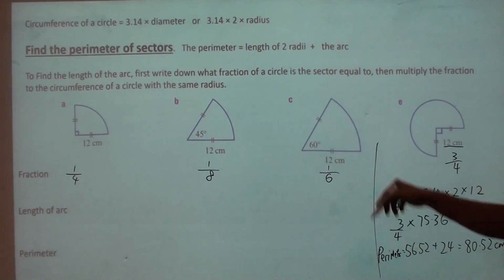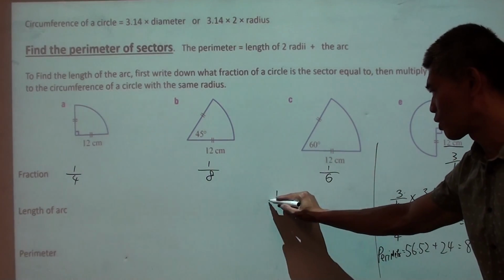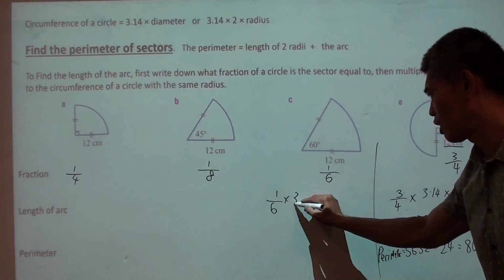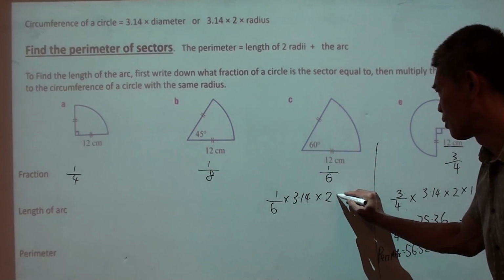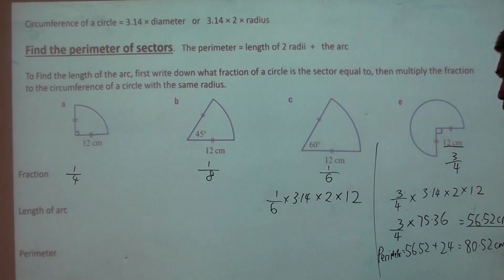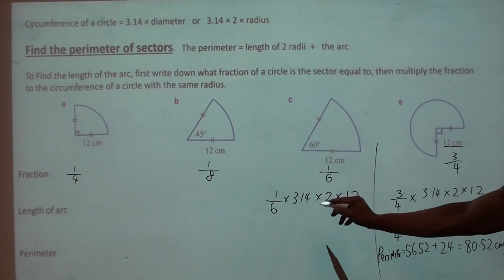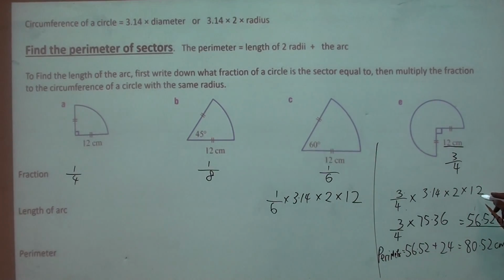Alright, now for this one over here, the arc is 1/6 of the entire circumference, so the length of the arc is 1/6 times 3.14 times 2 times the radius, which is 12. And you can see over here 3.14 times 2 times 12 is exactly the same as this expression over here.